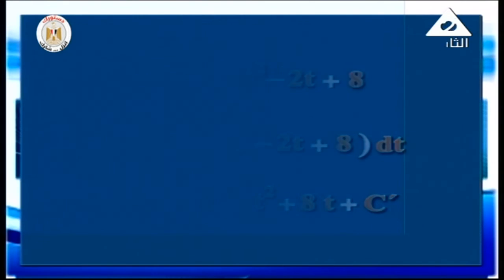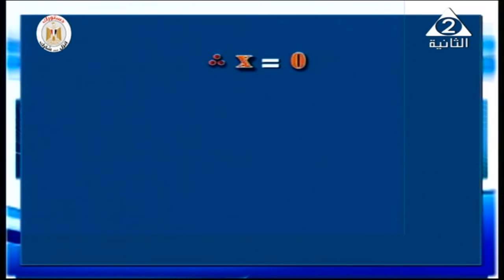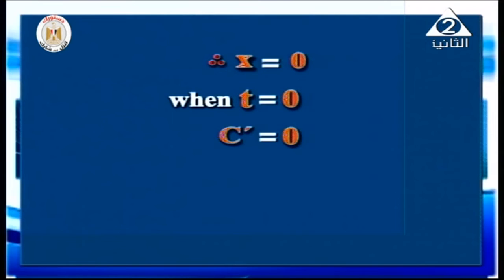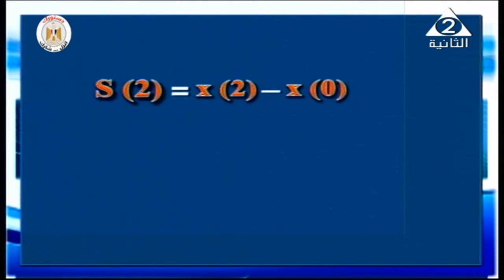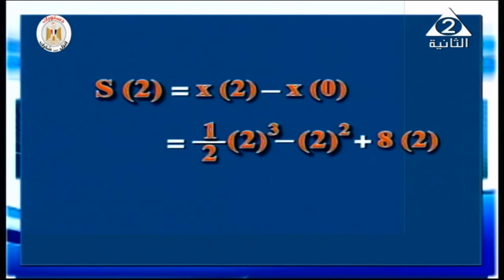To find c dash, x equals 0 when t equals 0, so c dash equals 0. Then we write the equation again, x equals half t cubed minus t squared plus 8t. Then, my dear student, by substitution with t equals 2, the displacement is 16 meters.